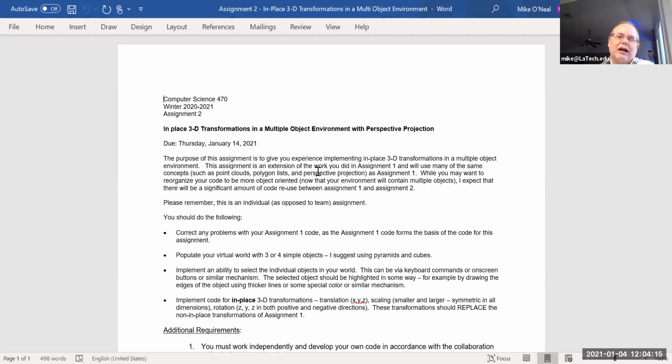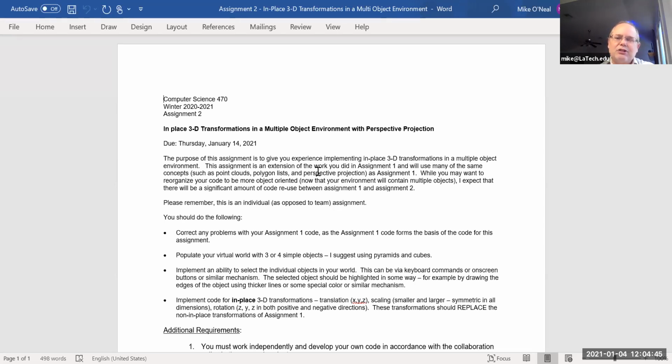So part of this assignment is to give you the opportunity, it's not a requirement, to refactor the code base to make it more object-oriented. Doing that will probably help you in the upcoming programs 3 and 4.